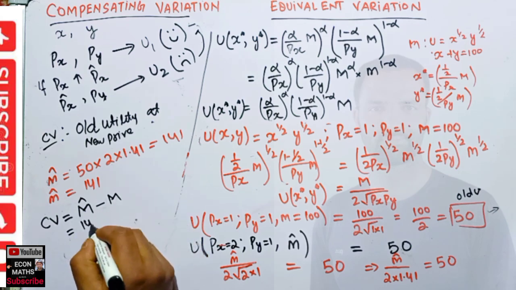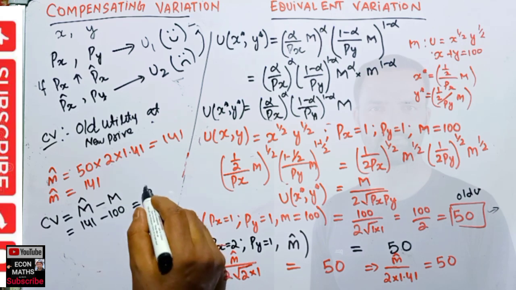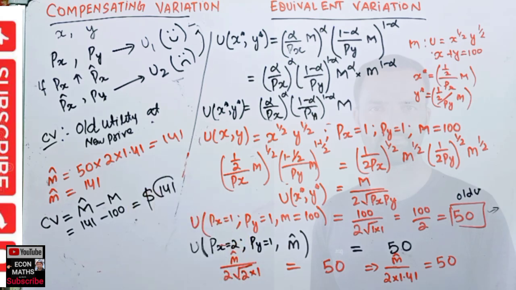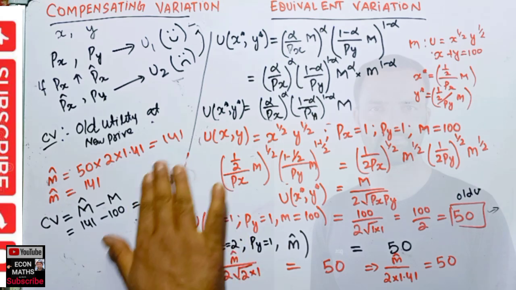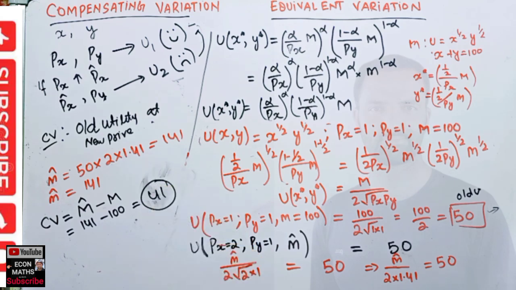So this is 141 minus 100. That means we need to give the consumer $41 to make him as happy as he was earlier. Let me repeat it again.